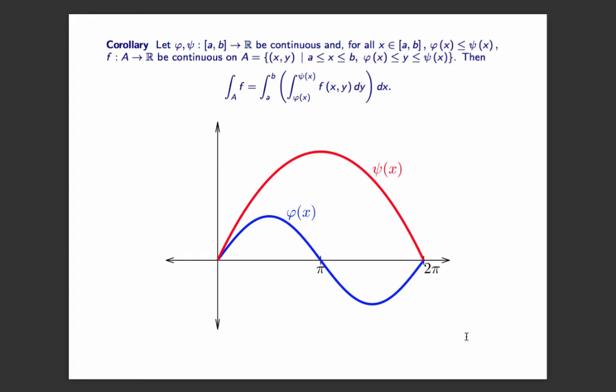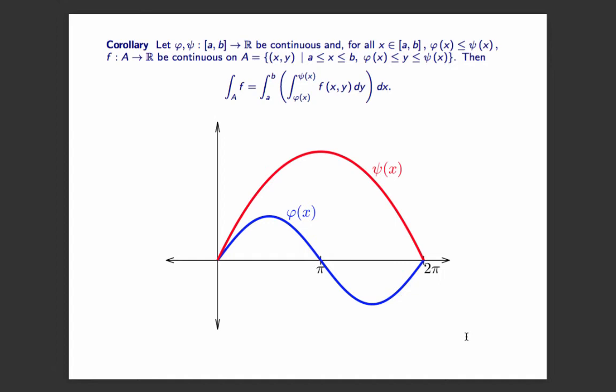So a corollary is, well, what if I don't have a rectangle? What if my domain is not so nice? For example, let's consider the domain that's sandwiched here between psi of x and phi of x.